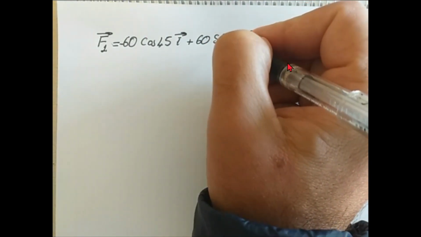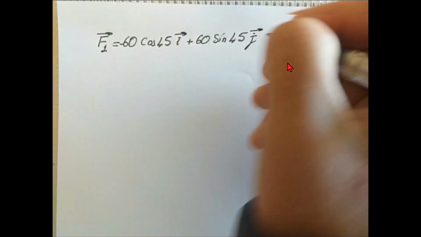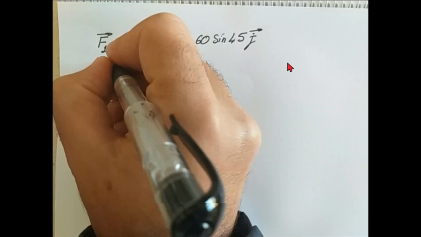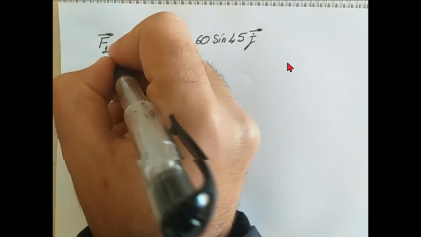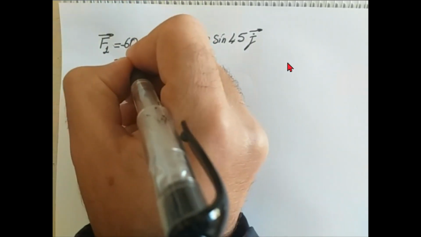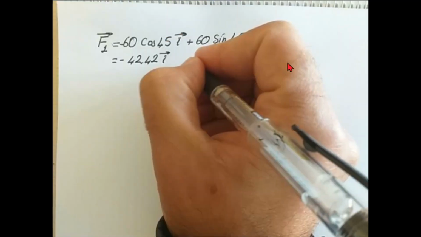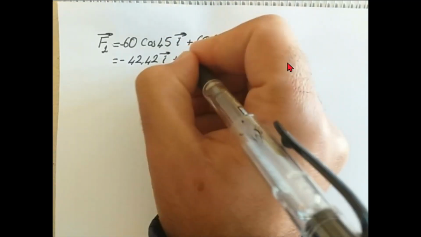So the value that we have is minus 42.42 i plus 42.42 j.